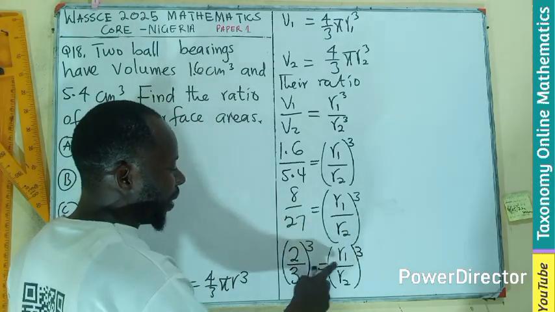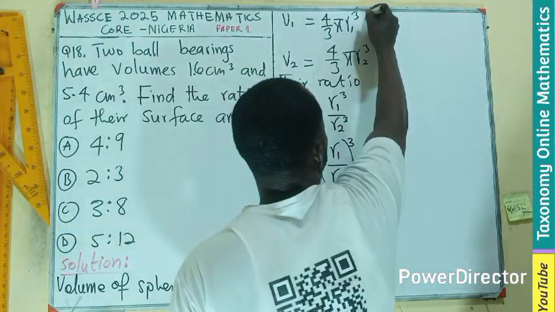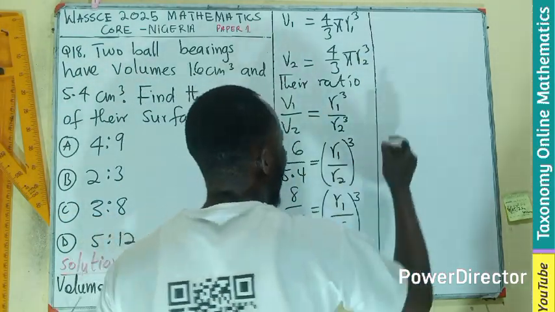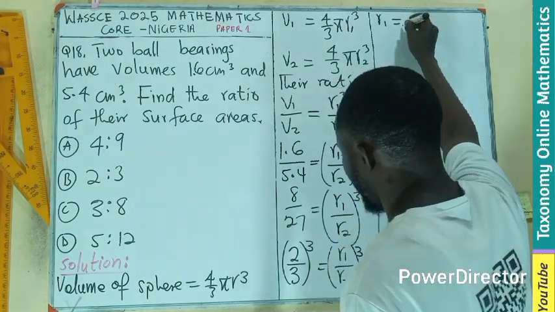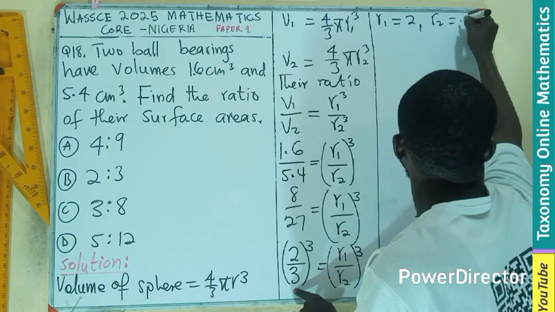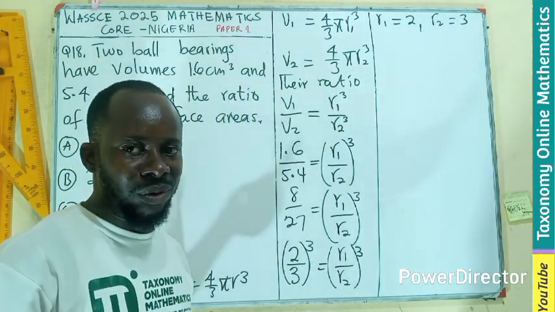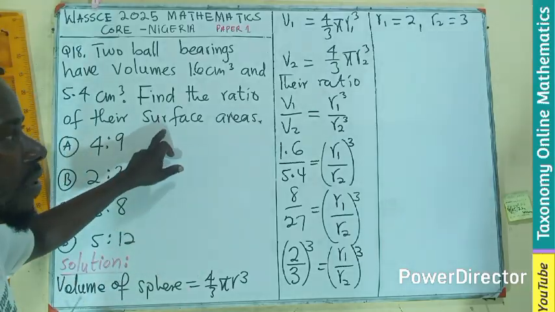Since the powers are the same, the bases will also be the same. So R1 is the numerator and R2 is the denominator, as 2 on 3.